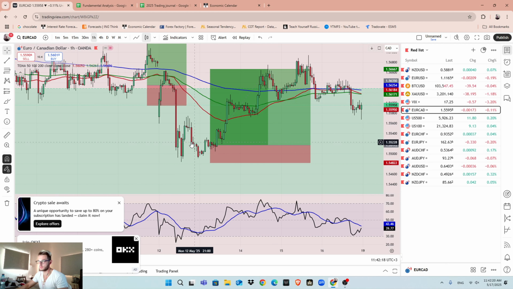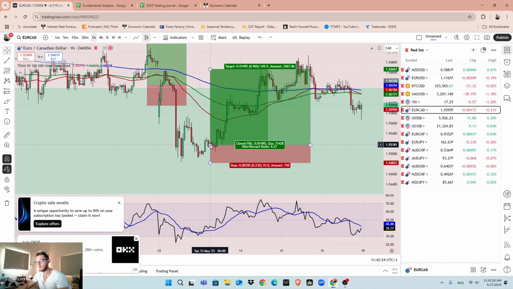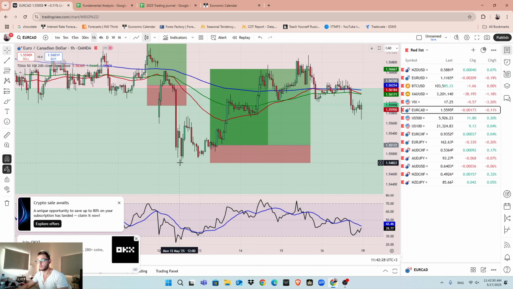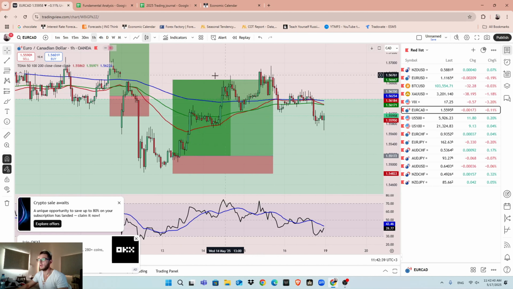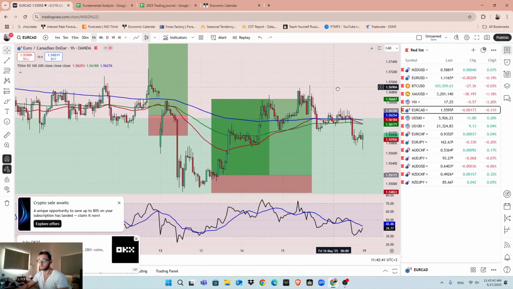Then I should have entered at this retracement, but I was not awake. And then I entered at this area right here, stop loss below this area, and also data came out negative for the euro right here, and I closed my position.